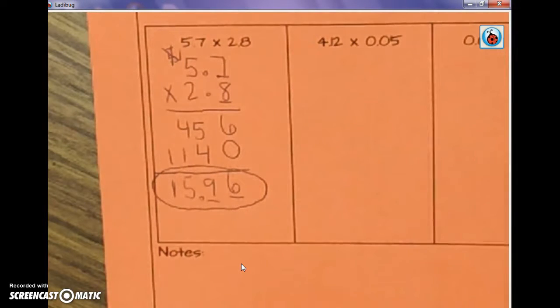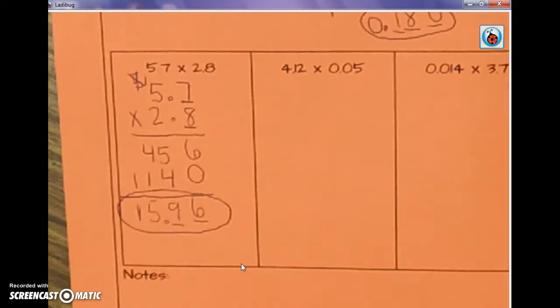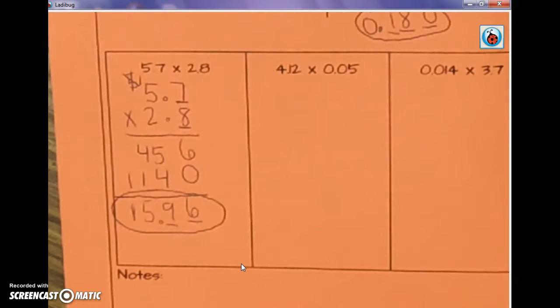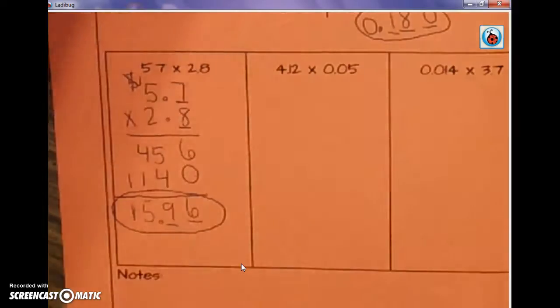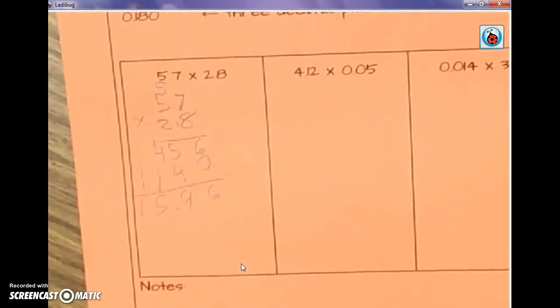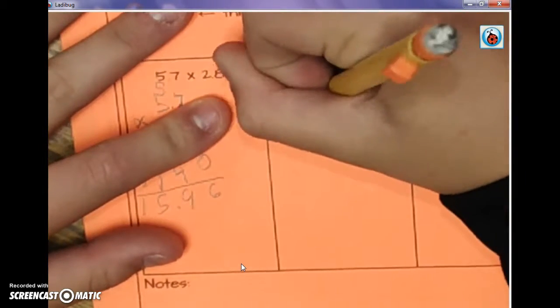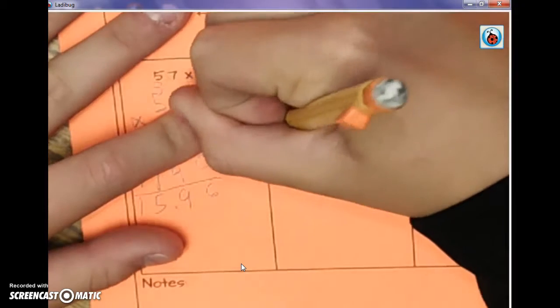Landon, would you like to come do 4.12 times 0.05? You have to write pretty. Come back here so that it can record. Okay. Guys, make sure you are working them out.